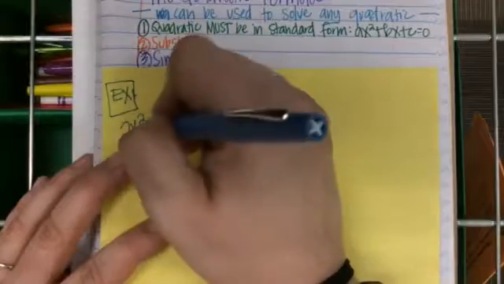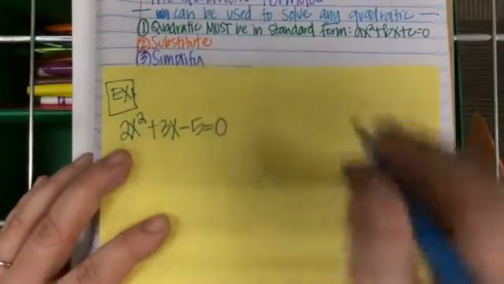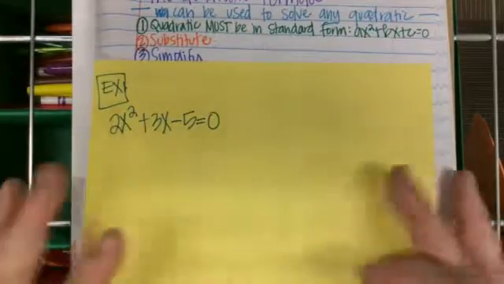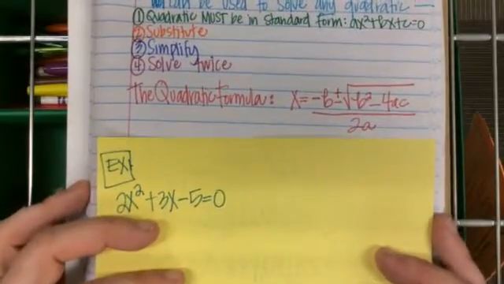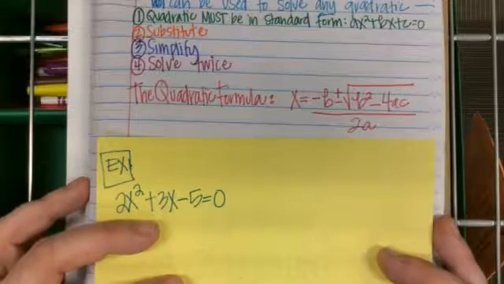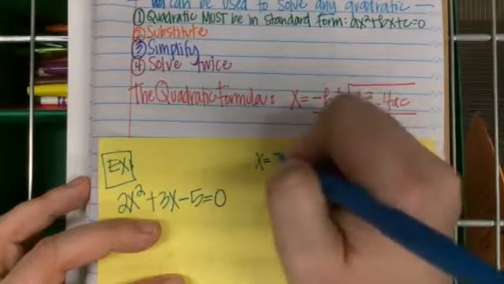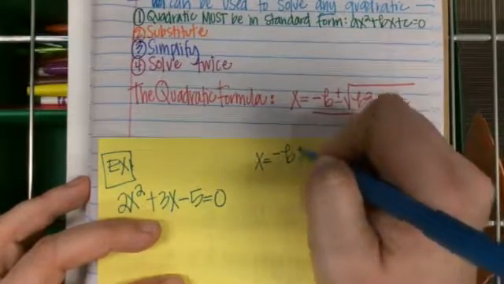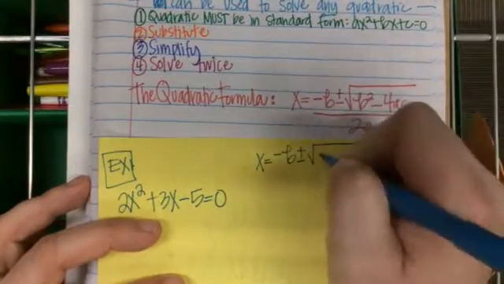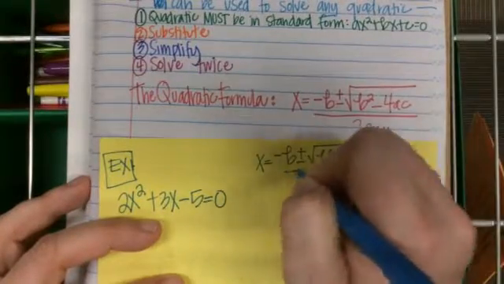2x squared plus 3x minus 5 equals 0. Now again, the quadratic formula, I suggest, at least for our notes, we write it down without substituting first, because the more you write something, the more you remember it.